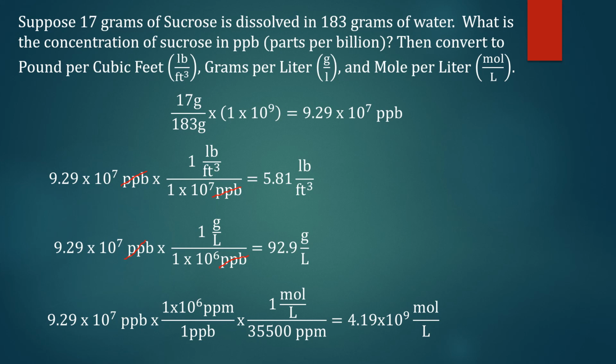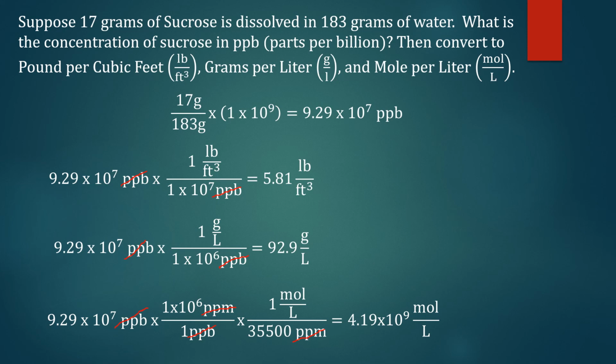So we will be canceling out the parts per billion in here, because a parts per billion is equivalent to 1 times 10 raised to 6 parts per million. So it has been cancelled. Also, the ppm will be cancelled, or the parts per million unit.